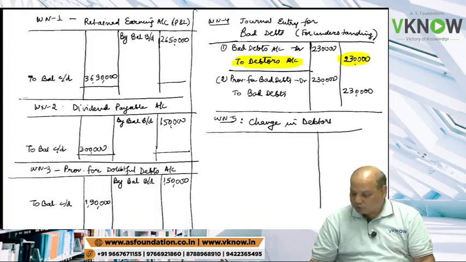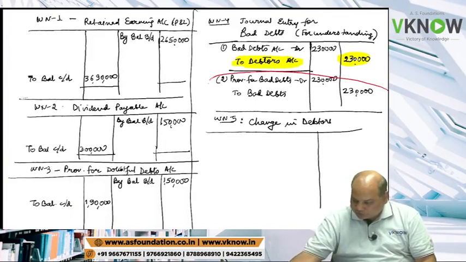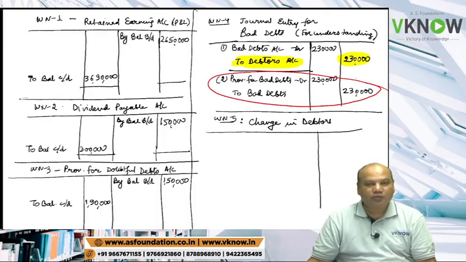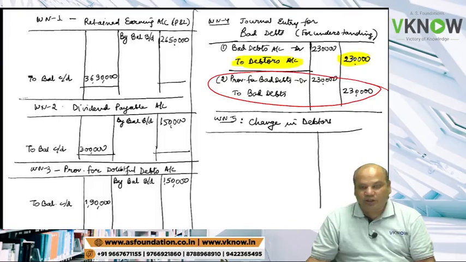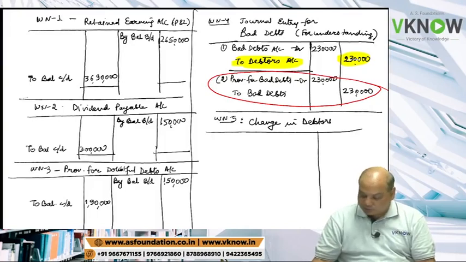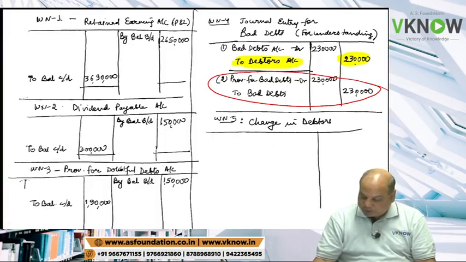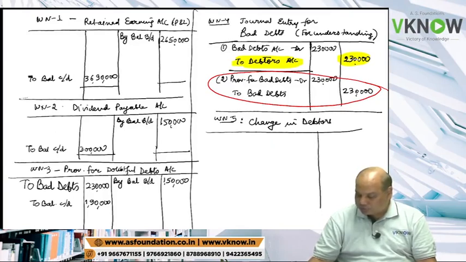Now come to working note 4. On the screen right side, you have passed one entry, provision for bad debts account debit to bad debts 2,30,000. So come to provision for bad debt account debit side, to bad debts 2,30,000.